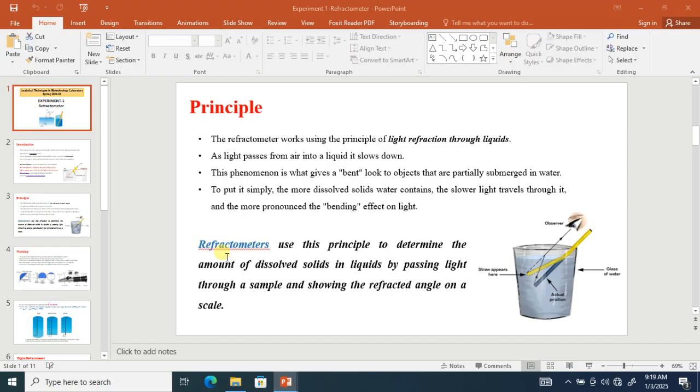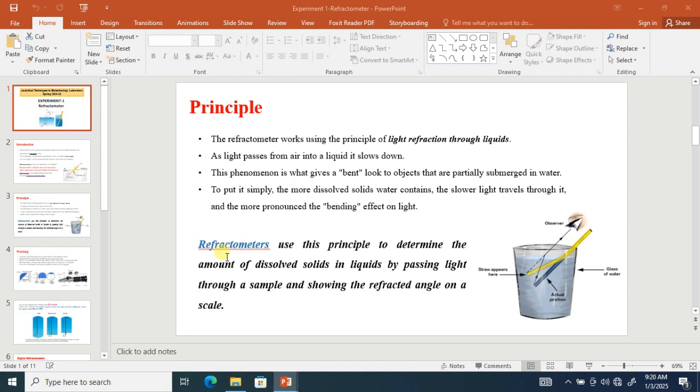That's why refractive index gives an understanding of the optical characteristics of a particular substance or solution. The instrument by which we measure the refractive index of a particular solution or substance is called a refractometer.